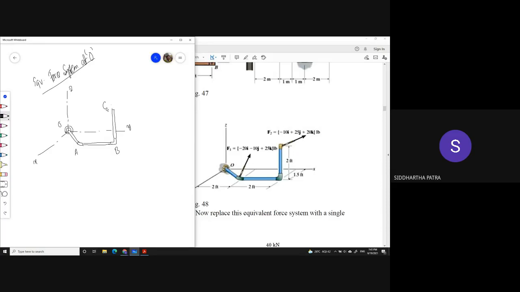So luckily for us, for the forces at A and C, we have the Cartesian representation already given. I hope you can see what the numbers are. Your job is to get the resultant force and the resultant moment.